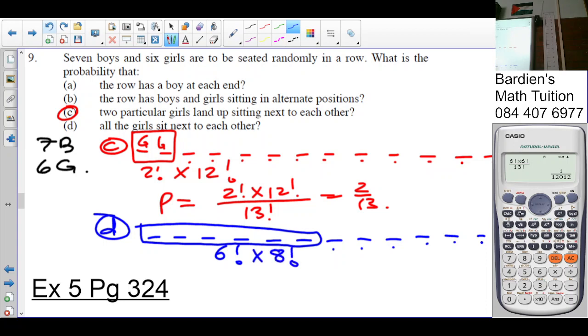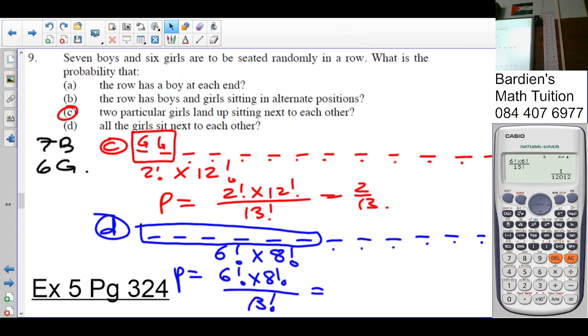So the probability that the girls sit together is 6 factorial times 8 factorial over 13 factorial, which is 2 over 429, which is also correct.